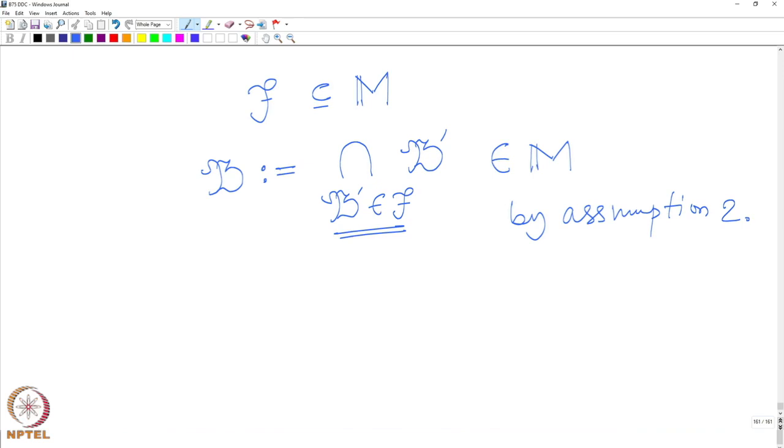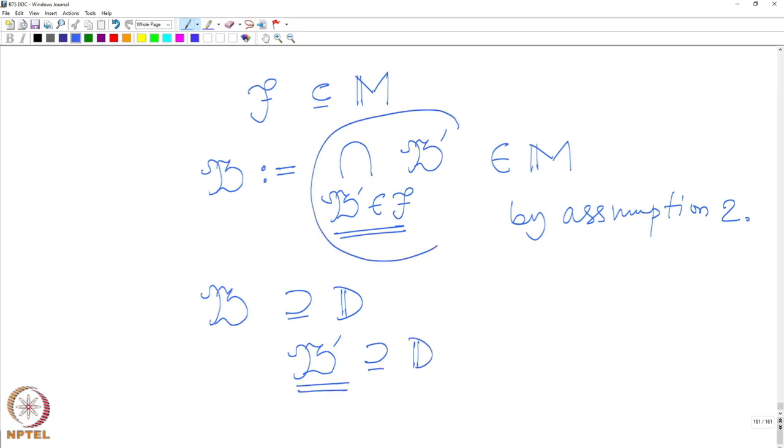But now I claim that this is my MPUM. Why is it unfalsified? Obviously, B will contain D, because every B prime, that is how B prime has been defined, will contain D. So, if every constituent of this intersection contains the data D, then the intersection obviously will contain D as well. So, it is unfalsified.